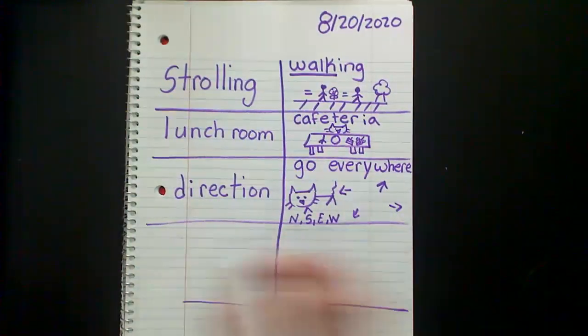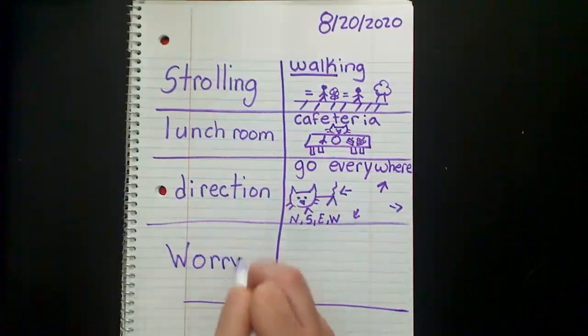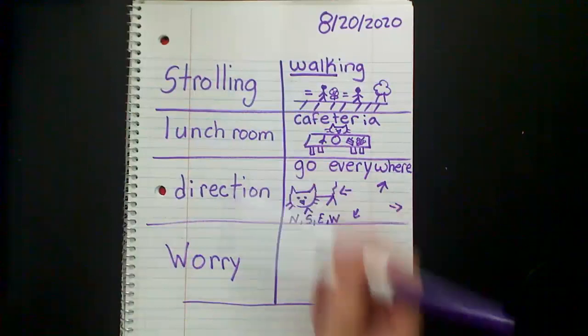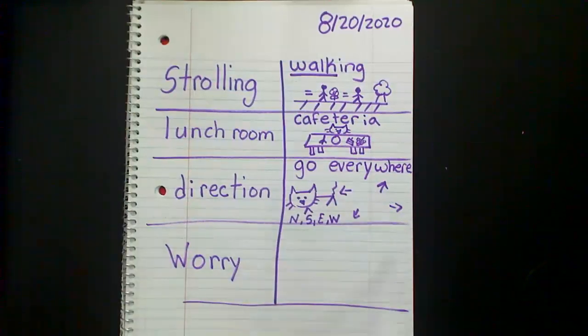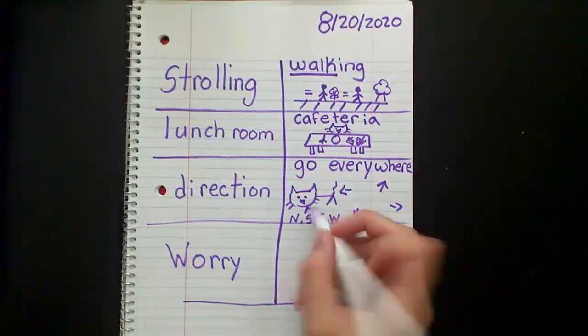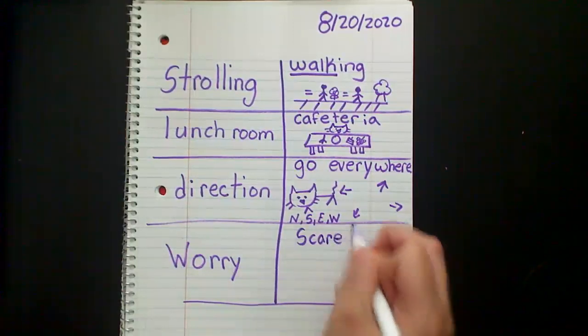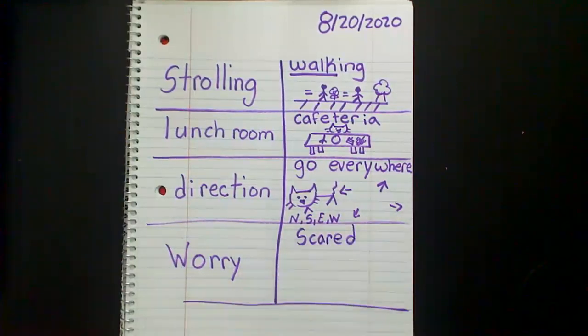Our next word is worry. W-O-R-R-Y. So just like the other words, we went back into the story, reread where we saw worry, and we came upon a definition, and we all agreed that scared, to be scared, was a pretty good definition of when you're worrying about something or for someone.